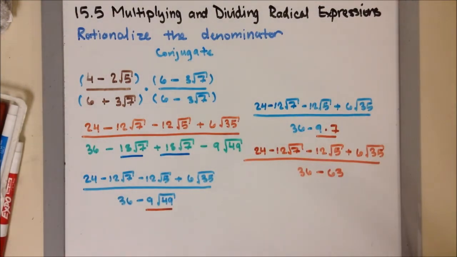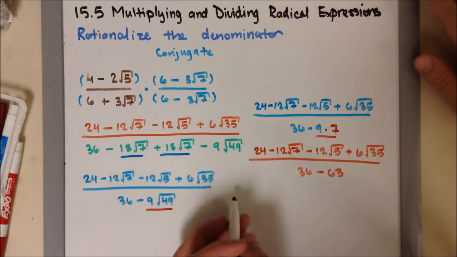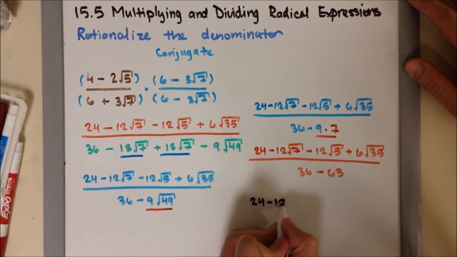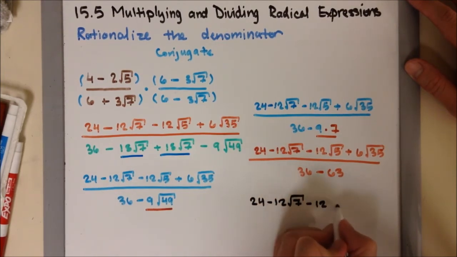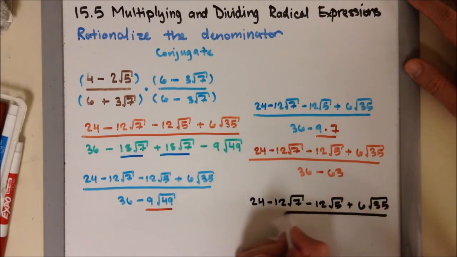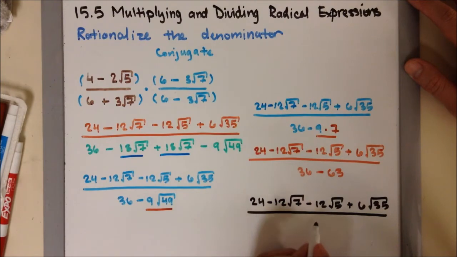So, again, there's nothing you can do in the numerator, so it stays exactly the same. 24 minus 12 square root of 7 minus 12 square root of 5 plus 6 square root of 35. But in the denominator, 36 minus 63, that's going to be negative 27.